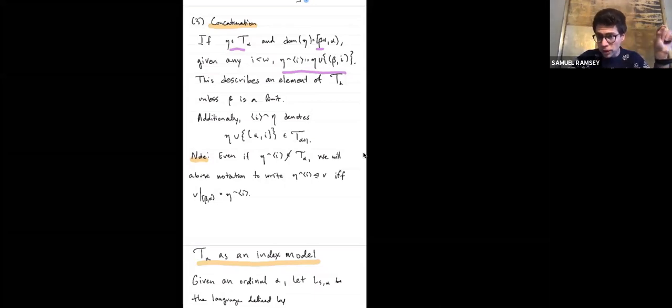So I've added a new element onto the domain. I've extended my initial segment by one element, and then I've defined it on that new element to be I.